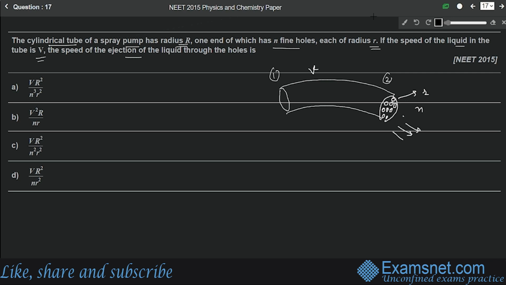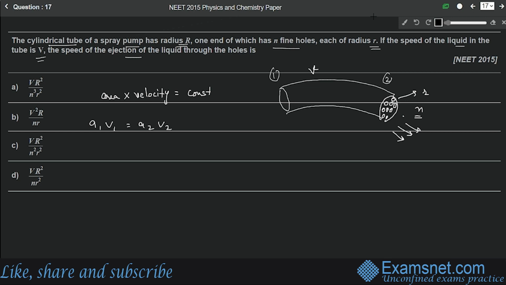There are n holes, so liquid will be ejecting out from all these n holes. For that we should know that the product of area and velocity is constant, so A1 v1 will be equal to A2 v2.